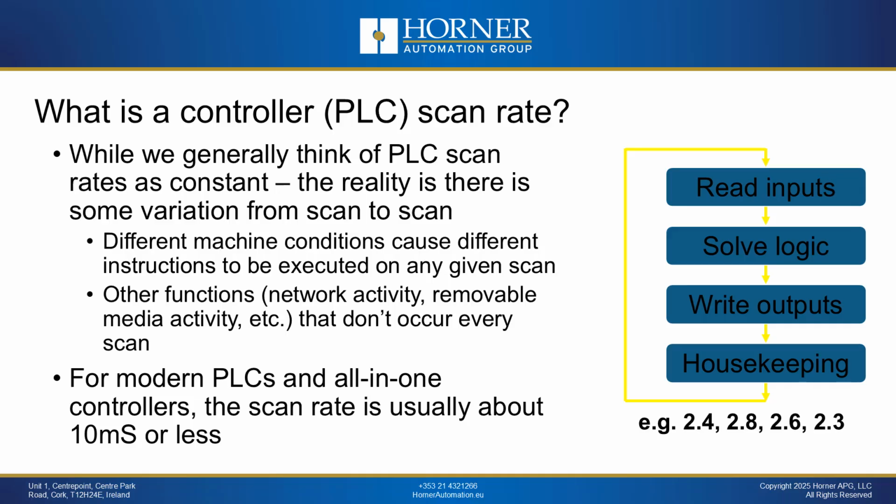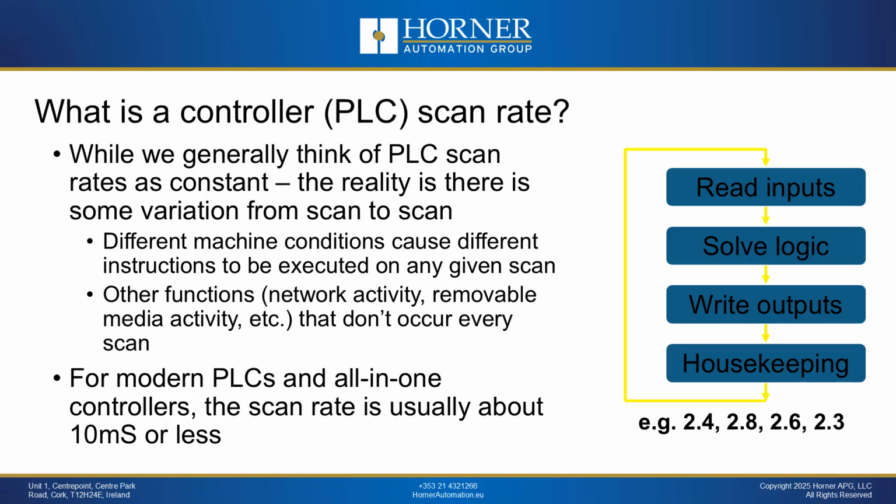There are a variety of other functions that a modern PLC or a modern controller needs to take care of, which have an impact on the scan, but even most modern PLCs and all-in-one controllers have a scan rate in the 10 milliseconds or less range, unless you have a large program or you are dealing with a particular basic controller.